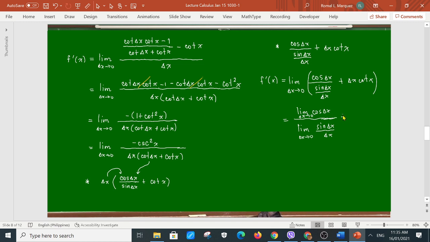Plus the limit as delta x approaches 0 of delta x times cotangent. So what's the limit of this? 1. What's the limit of this? 0.